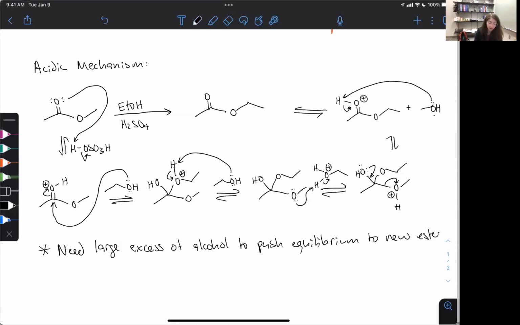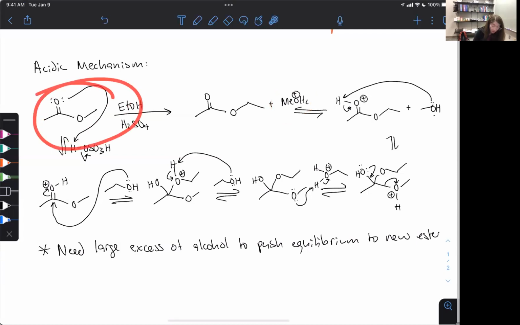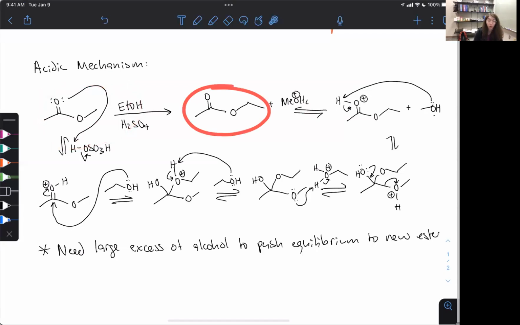So we need to have a lot of our alcohol starting material over here so that we can push it to this other alcohol starting material. We want this to be a very, very small quantity. So this is going to be huge over here with the ethanol, and then it's going to push it to form that product.